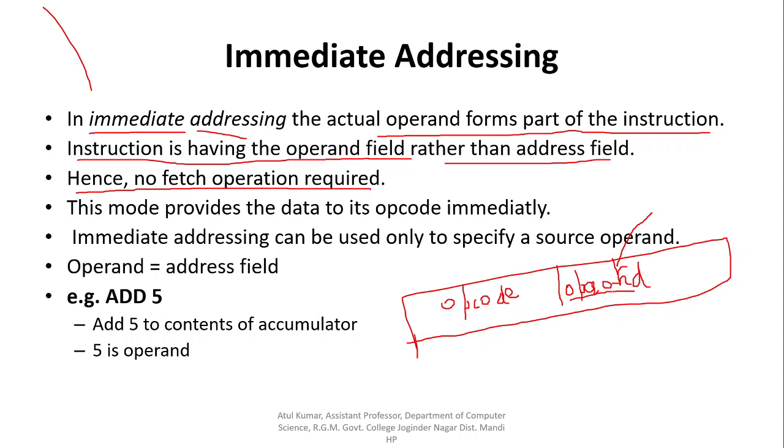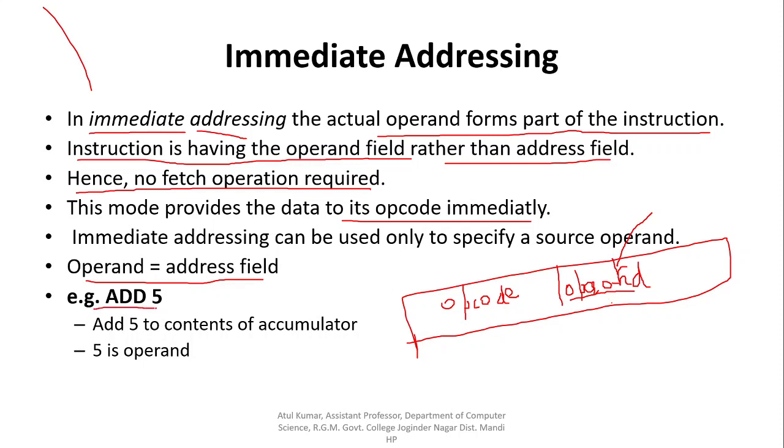It is not in either the register or the memory, so there is no need of a fetch operation. This mode provides the data to its opcode immediately. As the instruction contains the operand, data is immediately available to the opcode for processing. Immediate addressing mode can be used only to specify a source operand. Operand is equal to the address field, as I have discussed.